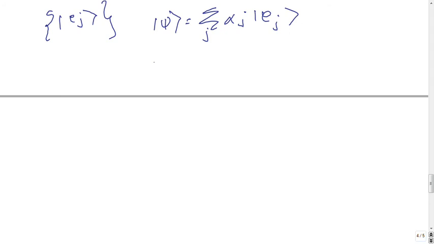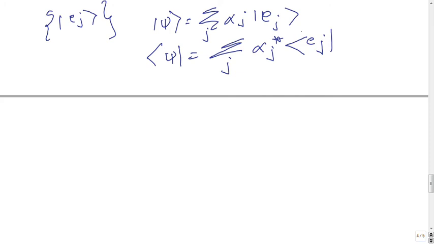Then the bra corresponding to this vector xi would be given as alpha_j star, the bra of each orthonormal vector e_j.